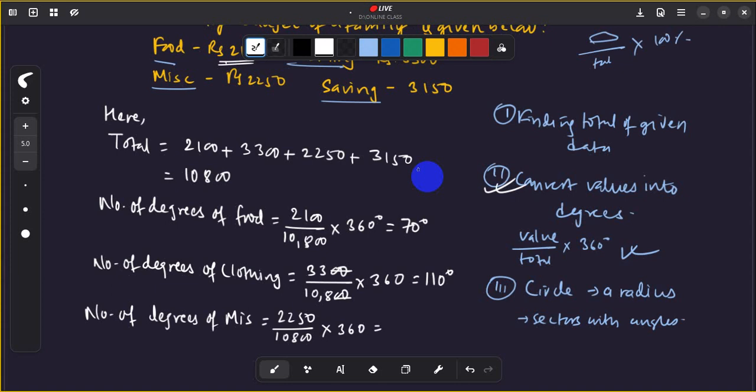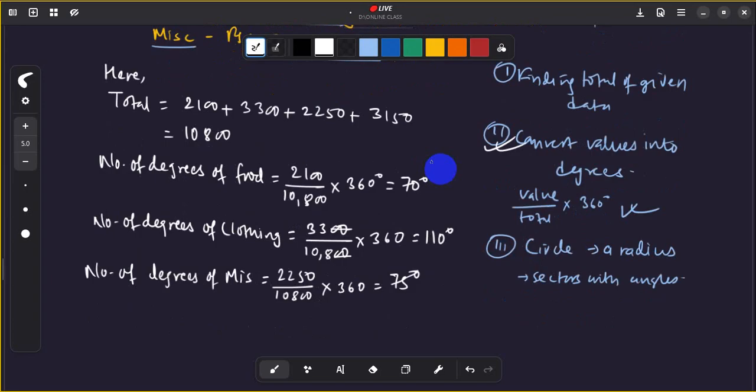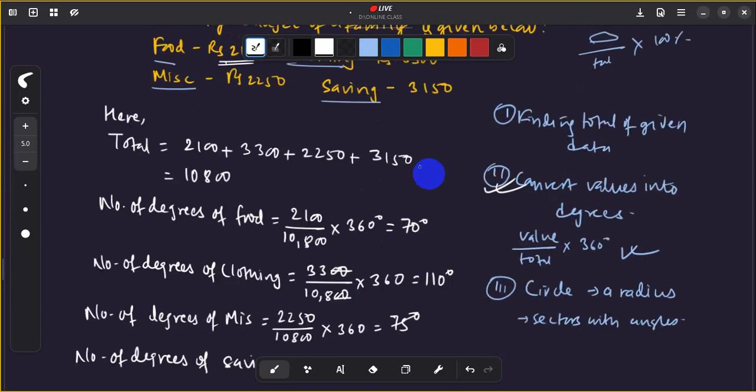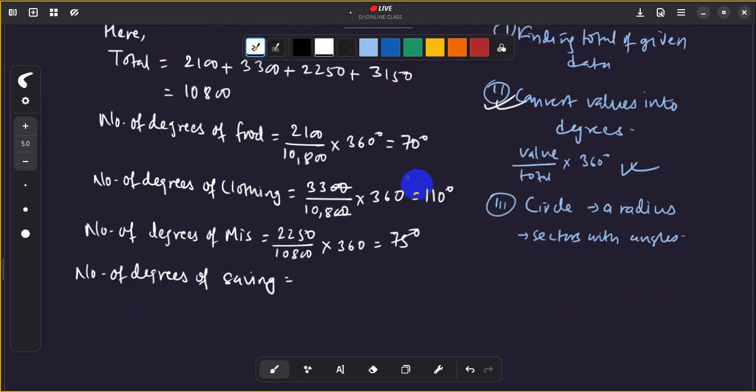It is 75 degrees. And finally, we need to find the number of degrees of saving. What is the budget of saving? 3,150 over 10,800 times 360. How much will it be?